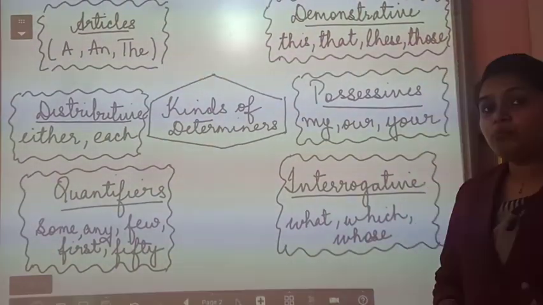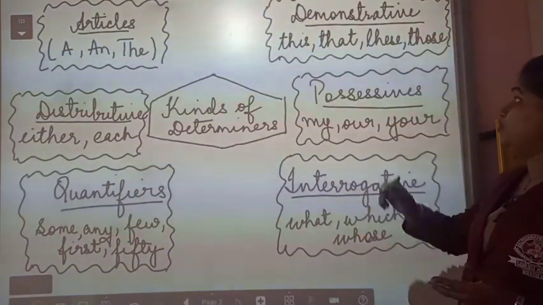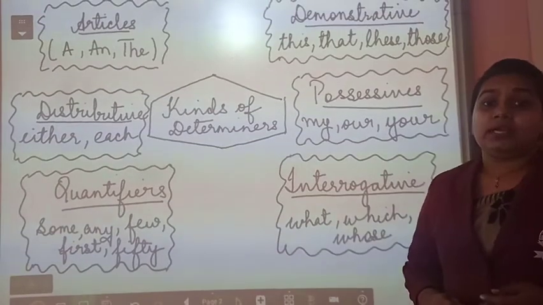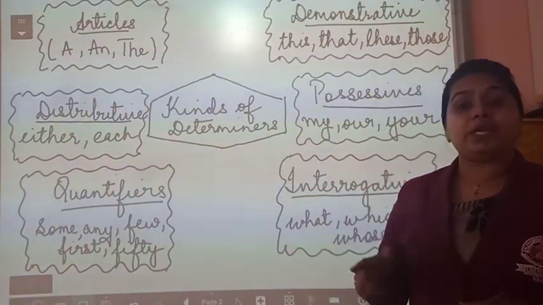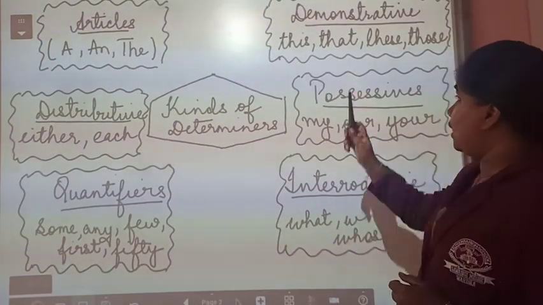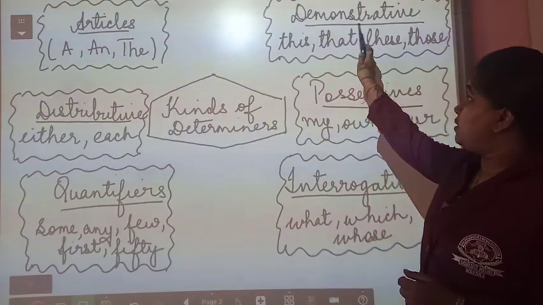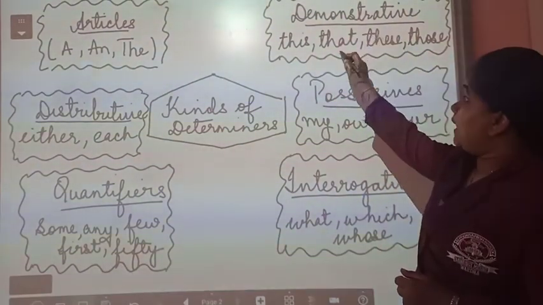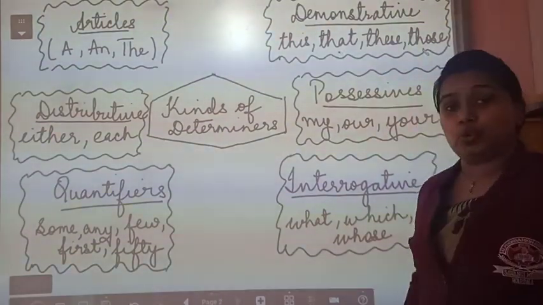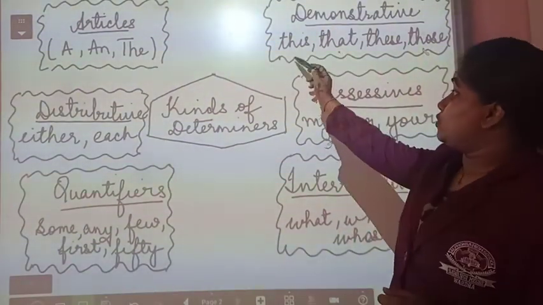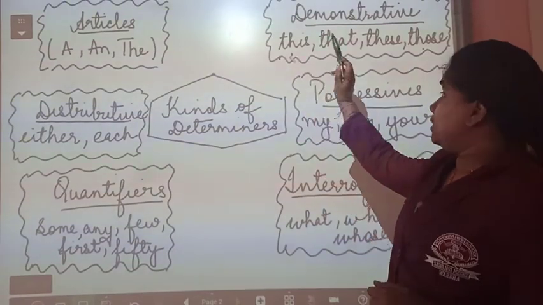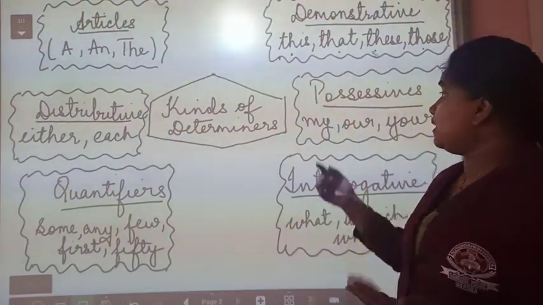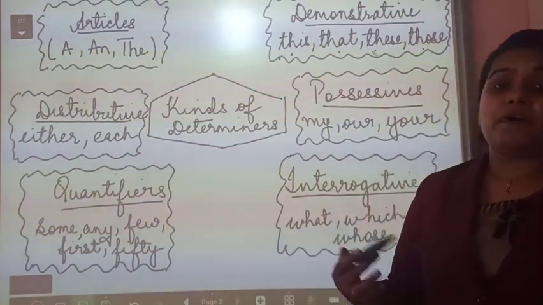Okay. What is next that we have to see is demonstrative determiners. Demonstrative determiners point out. Okay, here 4 are used, 4 demonstrative determiners. This with the plural form these. Okay, that with the plural form those. This is used for singular nouns, these for the plural, which are the things which are near to us, and those that are far from us.